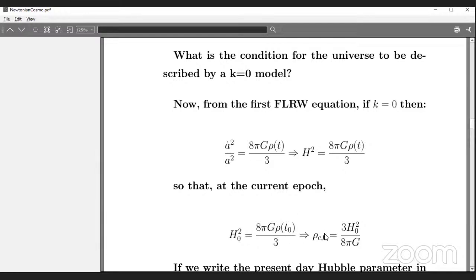This mass density is called the critical density because it is purely given in terms of the measured Hubble constant.